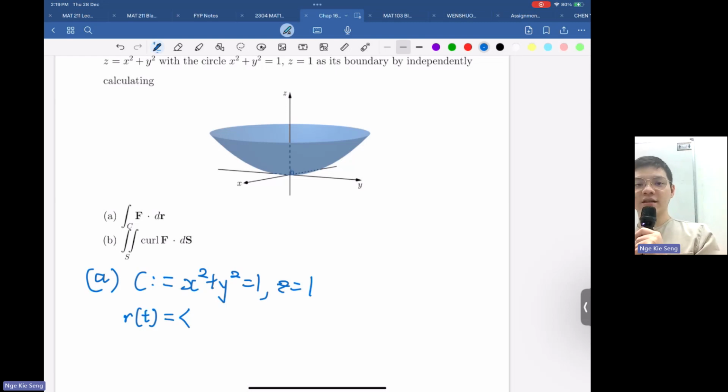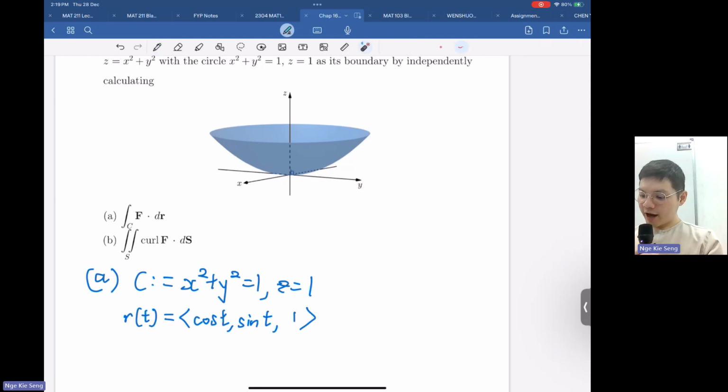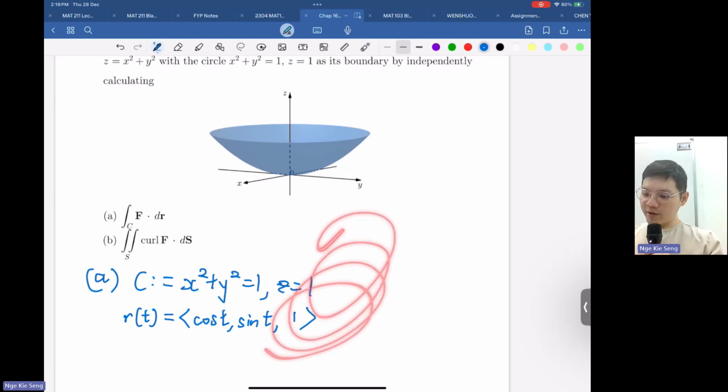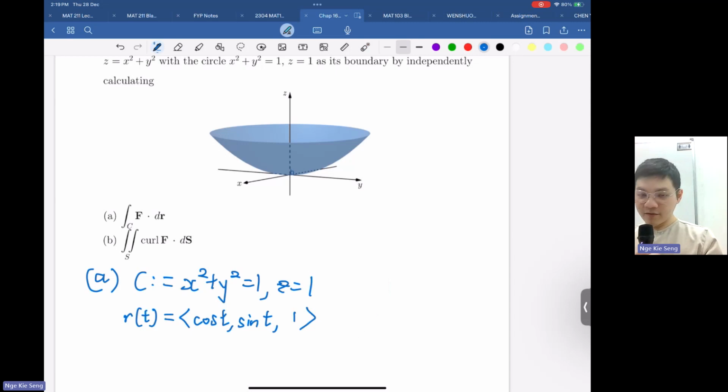Remember how to make a circle: cos t, sin t. What is the z? The height is always 1. But this cos t, sin t can keep looping, so I need to pick the domain for my t. It's going from 0 to 2 pi.